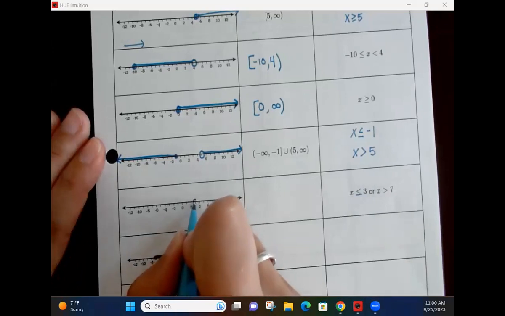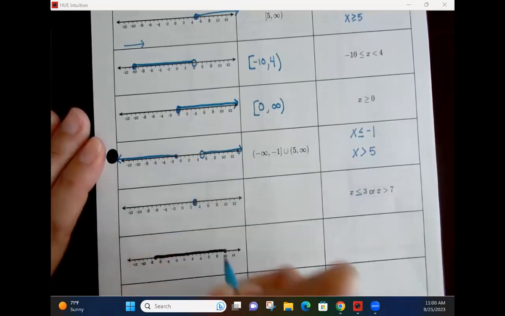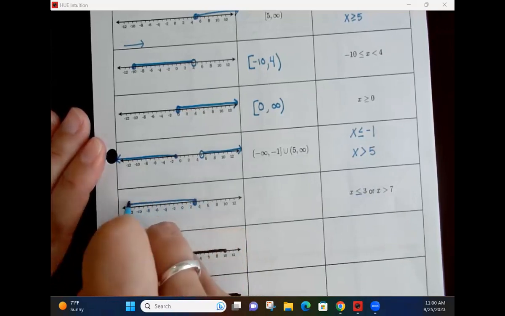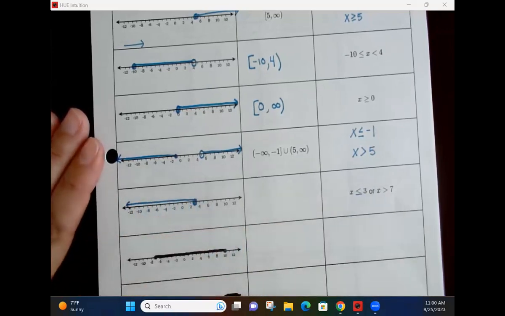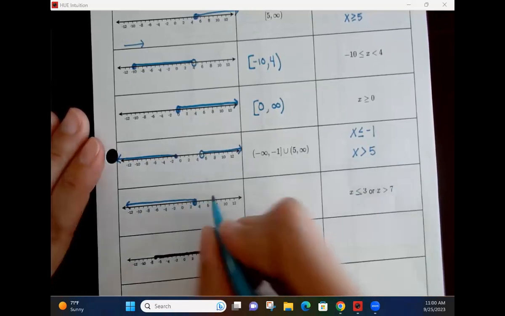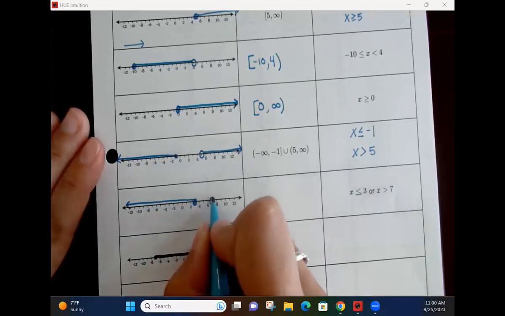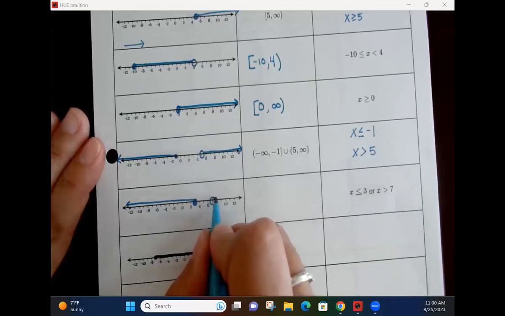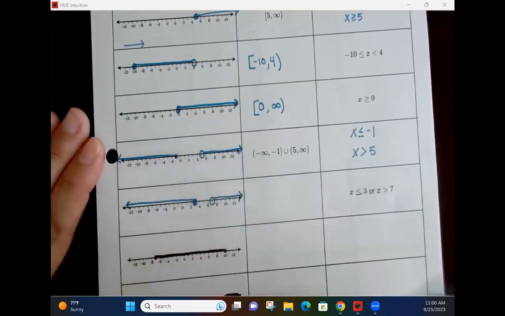I'm going to go to 3 and put a filled in circle, and then shade everything less than 3. My other piece is x values that are greater than 7. So I'm going to go to 7, and it's an open circle because this is just greater than, and I will shade everything greater than 7.